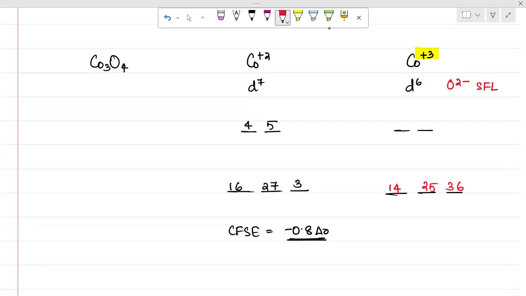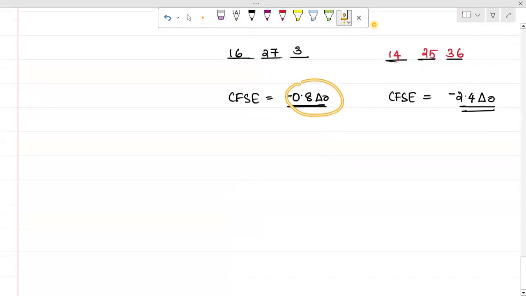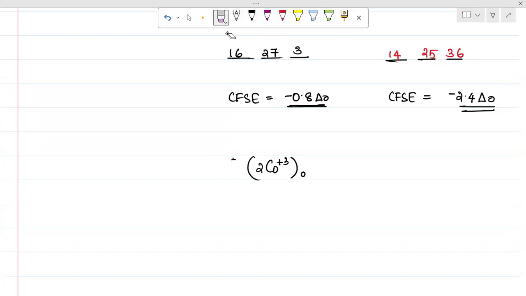So as a result, the CFSE over here is minus 2.4 delta O. So cobalt +3 is stabilized by 2.4 units, while +2 is stabilized by only 0.8 units. So cobalt +3, 2 in number, will go to the octahedral site. Cobalt +2 will take up the tetrahedral site, O4, and hence this is a normal spinel.